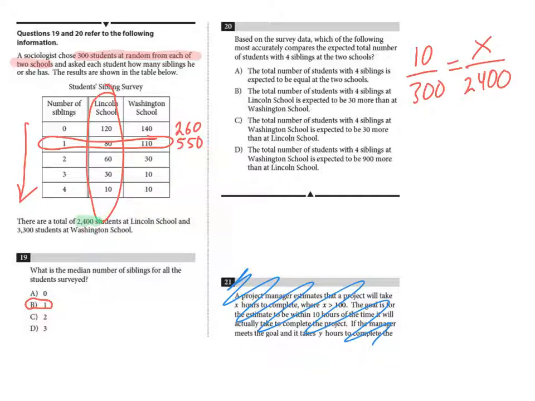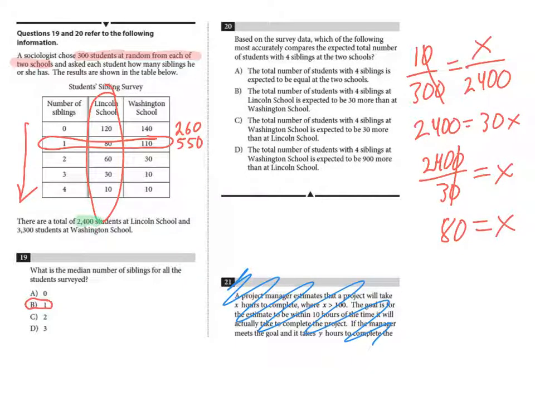I'm just going to drop that 0. I cross multiply. I get 2,400 equals 30x, and then I'm going to get 2,400 divided by 30 equals x, drop a 0, and 240 divided by 3 is 80. So that's at Lincoln.